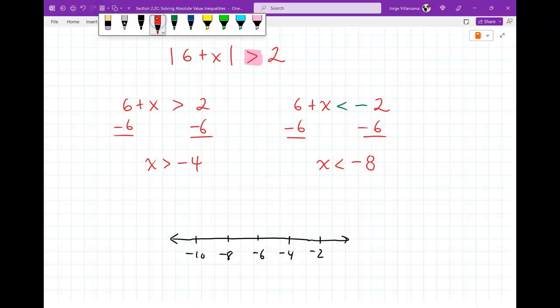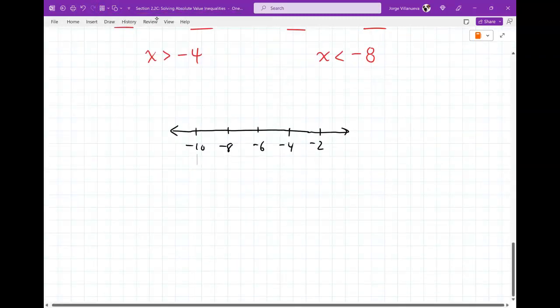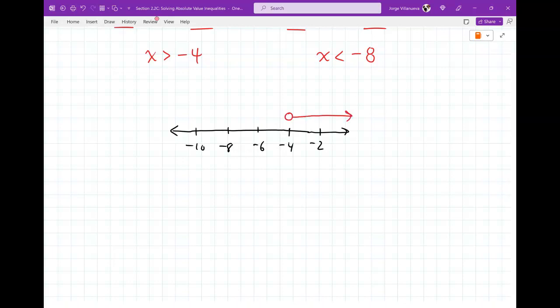And we're going to draw our two lines. x greater than -4. So at -4, an empty circle. And greater than means go to the right. The other one, x less than -8. I'm going to go to -8, empty circle, go to the left. And I'm done. And that's what you guys are doing for homework today.